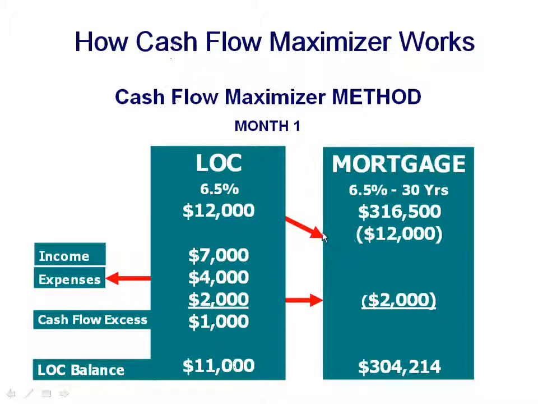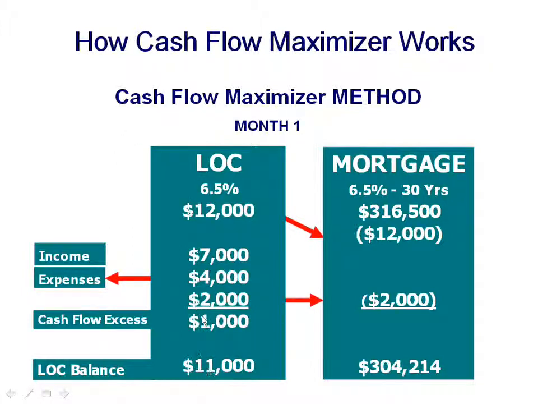Then the balance of $13,000 left in the line of credit can now be used for emergency funds, which, by the way, costs Joe absolutely nothing if he never uses that excess line of credit. Then each month, Joe's $7,000 check goes into the line of credit instead of his checking account. Joe still writes $6,000 in checks directly from that line of credit to cover his bills, $2,000 to his mortgage and $4,000 to his other bills. So essentially, the line of credit becomes Joe's checking account.